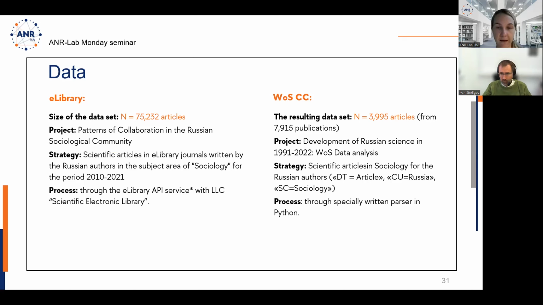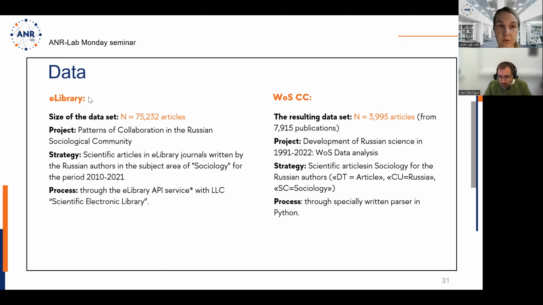We cut this huge data set, which includes 1,200,000 articles. We just extracted the subset in sociology, which was about 8,000 publications.